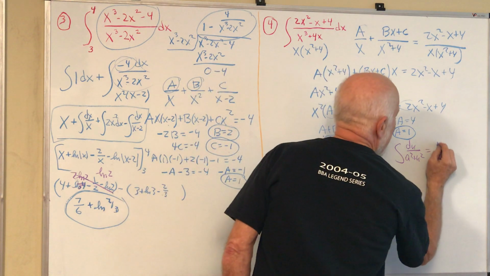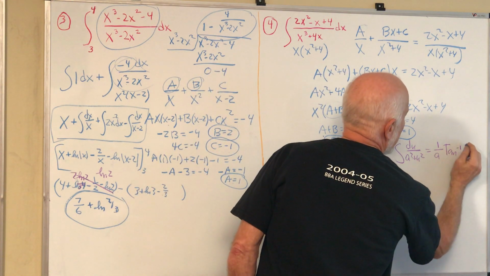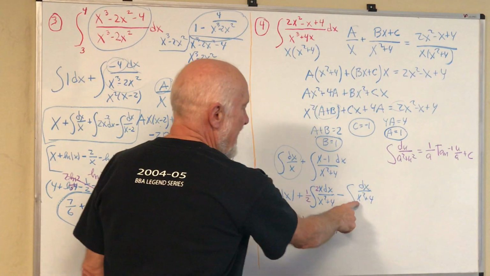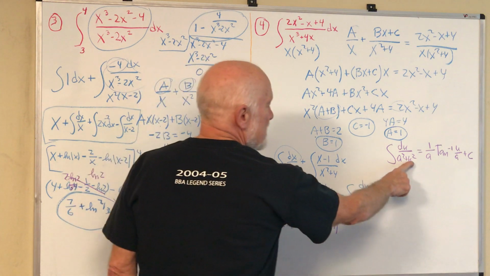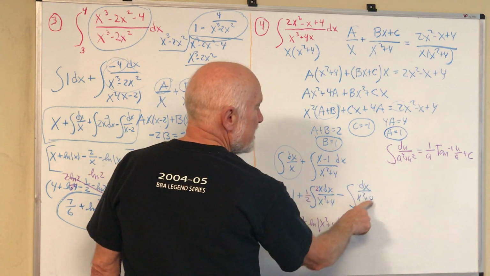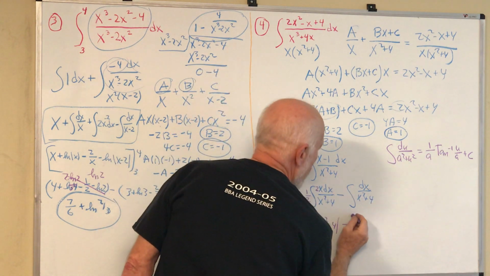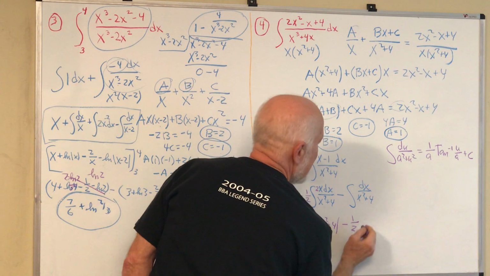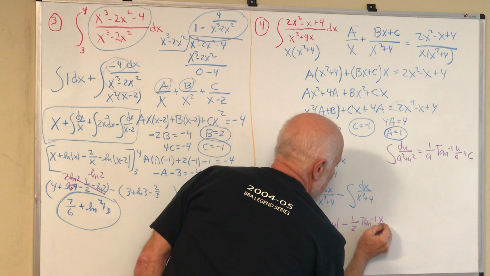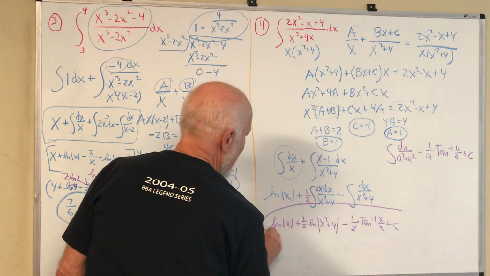The answer was 1 over a, the inverse tangent of u over a. Well, if I think of x to be u and a to be 2, then we can use that formula. So the answer is going to be 1 over a, the inverse tangent of x over 2 plus c. And we've got an answer.